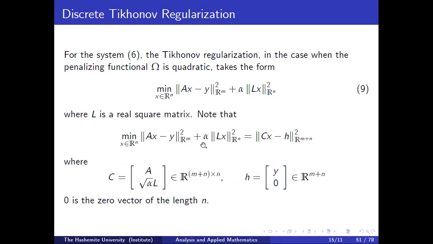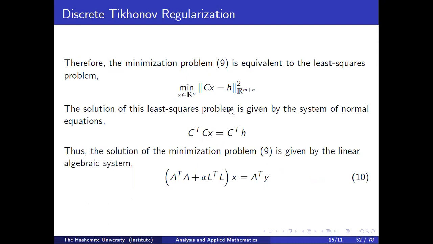So if we use Tikhonov regularization, for example, this is the Tikhonov regularization, and we start the regularization, we will get this answer. We just transform the problem into this problem, where C and H are like this. So then we have this problem. And we know from numerical analysis that the solution of this minimization problem is this solution.